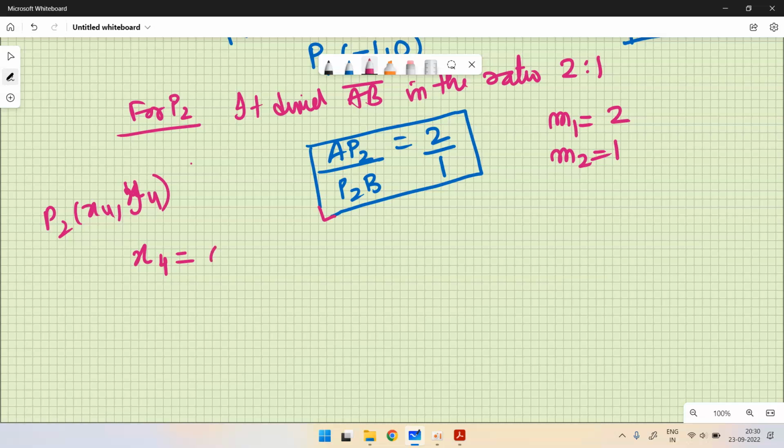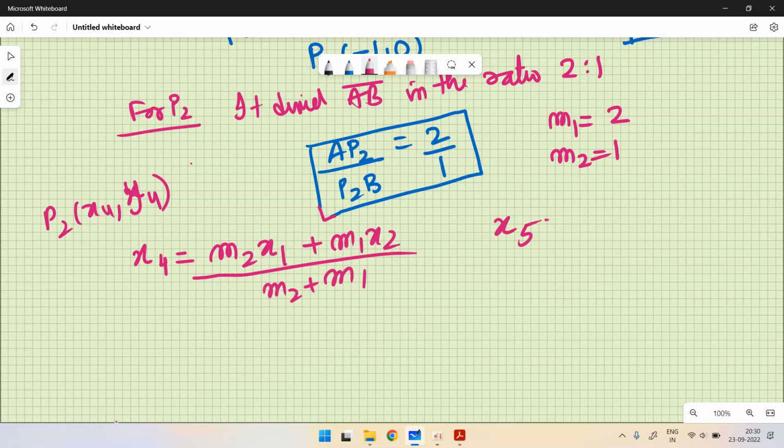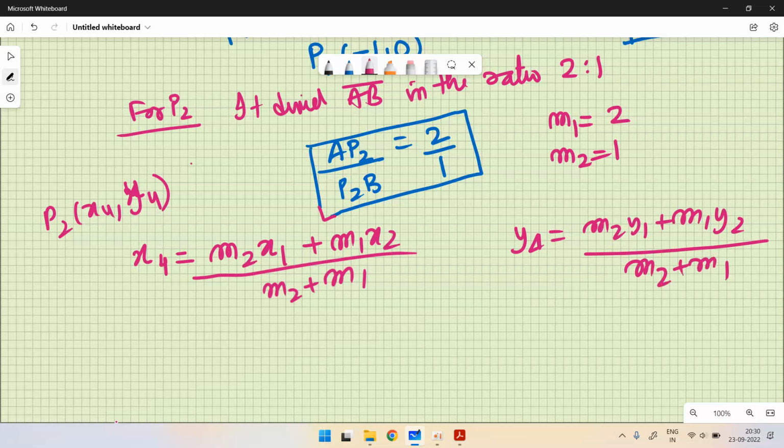What is x4? x4 is (m2 x1 plus m1 x2) by (m2 plus m1). And y4 is (m2 y1 plus m1 y2) by (m2 plus m1).